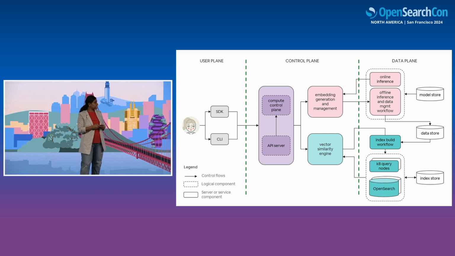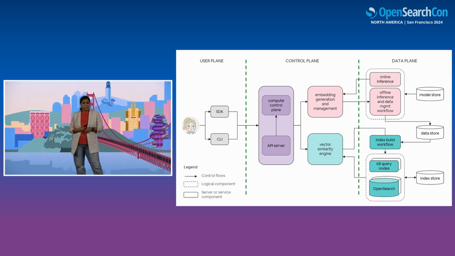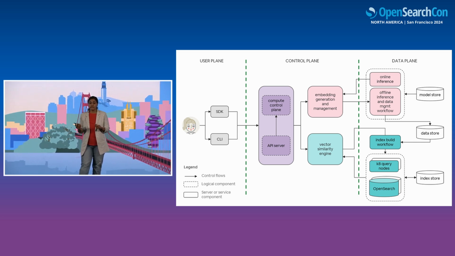Once the entity documents are built, we trigger the vector similarity search components. The vector search component, which is this guy over here, takes the materialized entities and triggers an ingestion workflow to build search indices.